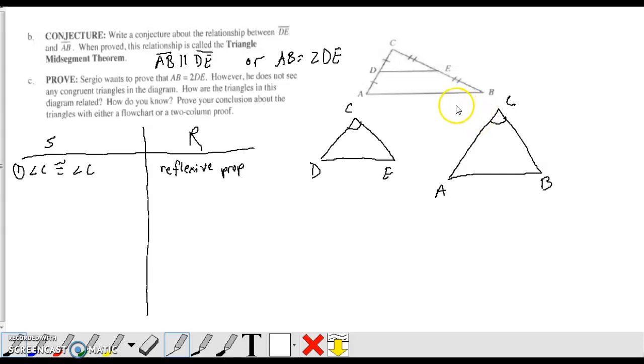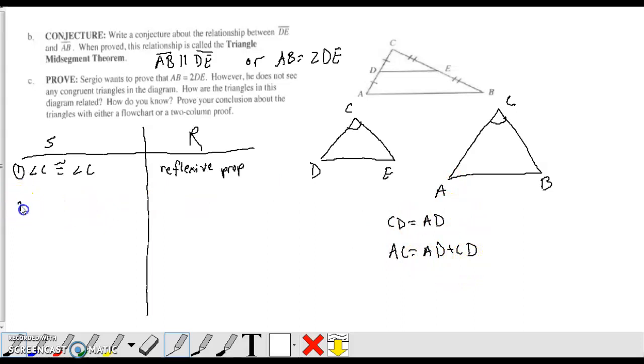What do I know? I know that CD is equal to DA. Let's think about what we know. So we know that CD is equal to AD. We also know that AC is equal to AD plus CD. That is given information.